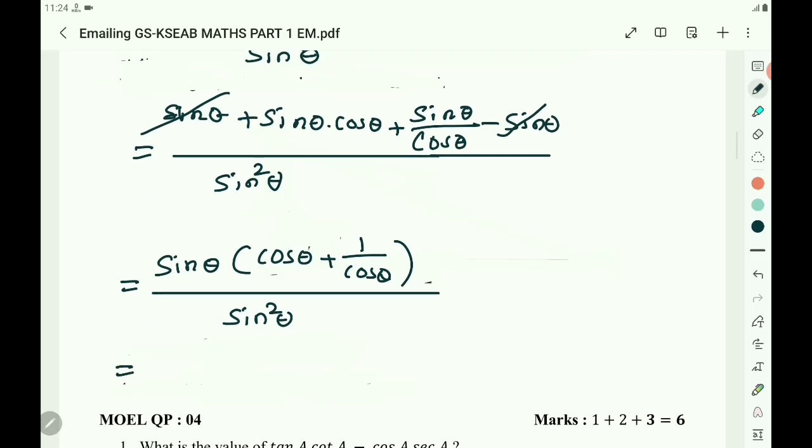Equals, right here equals, write sin theta as it is, cos theta as it is.